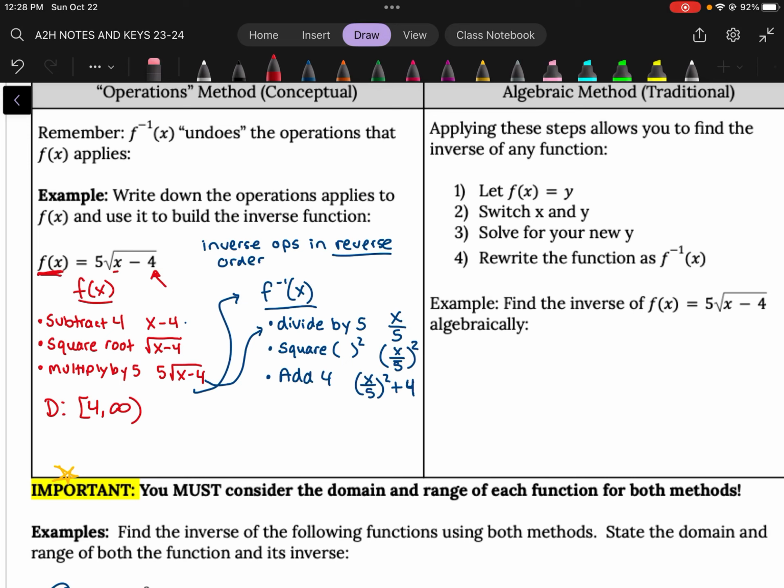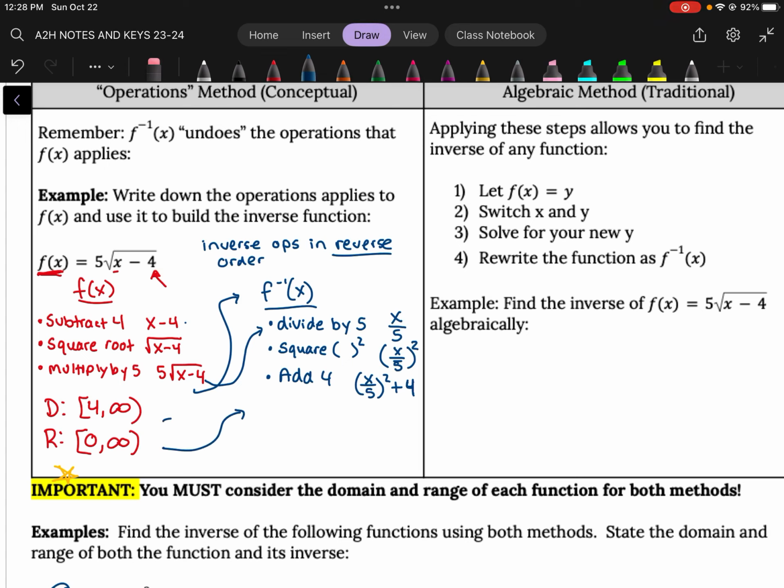That's almost implicit in this function here is that numbers less than 4 will not work. 4 is the smallest number that can be plugged in to f of x, the smallest input. We also know that the only things that can come out of the square root function there are positives, or 0, right? We can get 0 or positives, can't get any negatives.